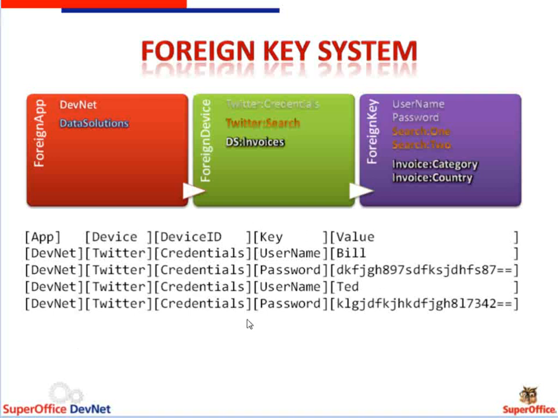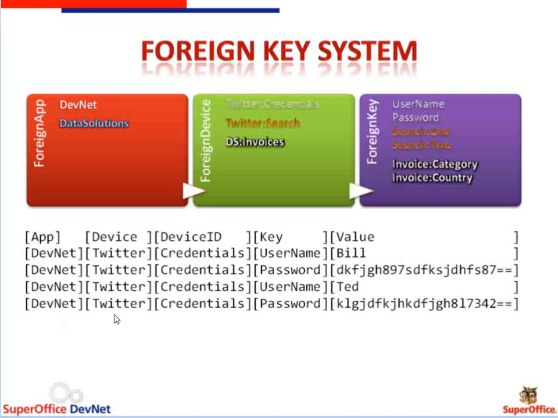Next, we have the key value pairs that are stored inside the foreign key table. This essentially gives us a third, even fourth dimension of a property bag. So we can index into any one of these and get a great deal of combinations to store a great deal of information.